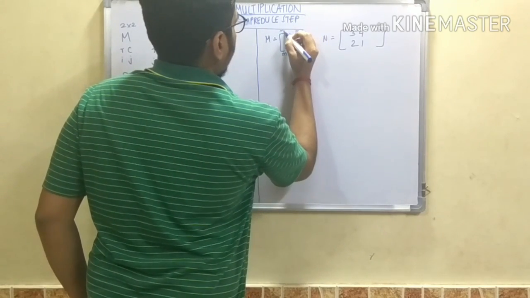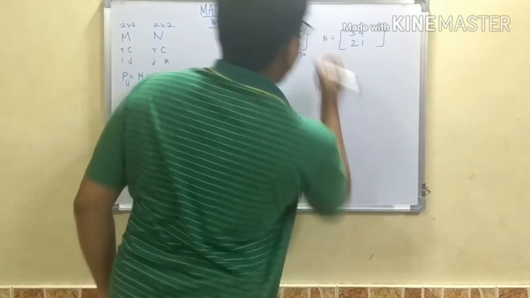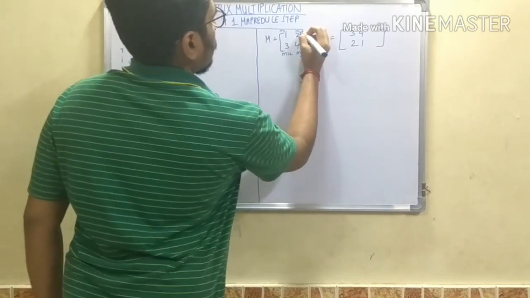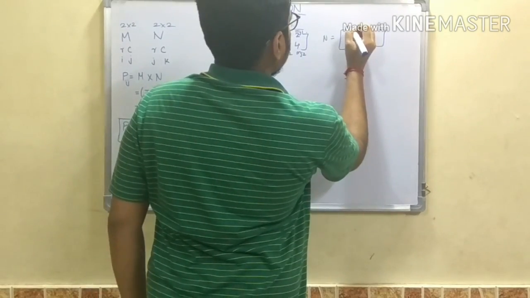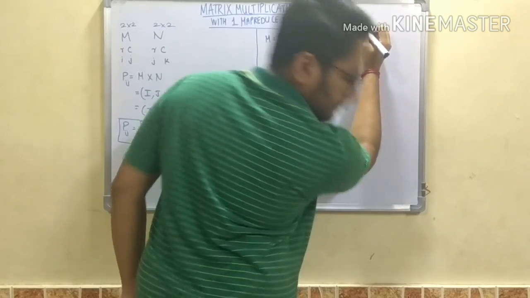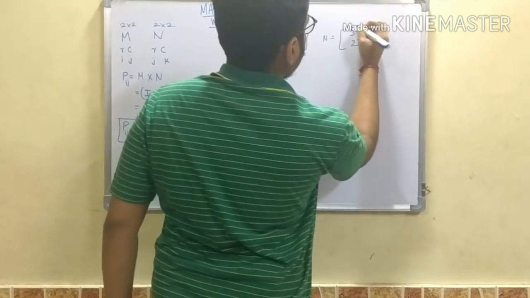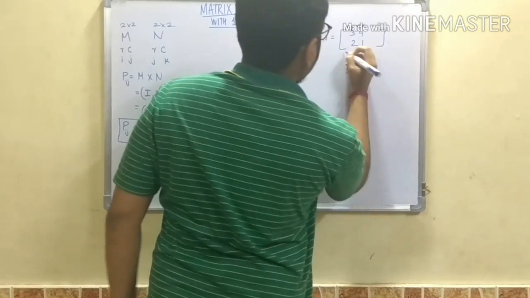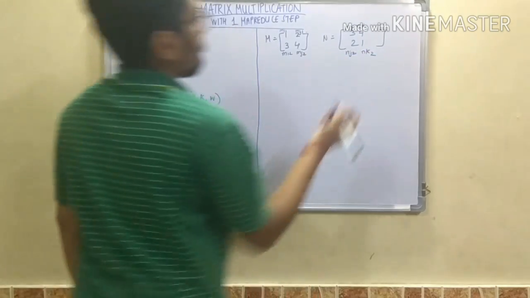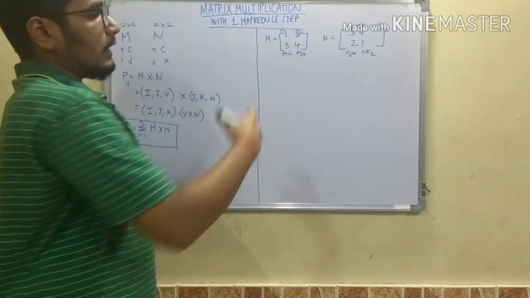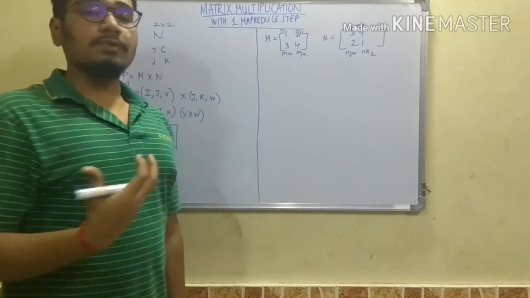This will be Mi1 and this will be Mj1. Similarly for N we have Nj1 and Nk1, and Nj2 and Nk2. We define these rows and columns specifically so that it will be easier for us to solve the problem step by step.